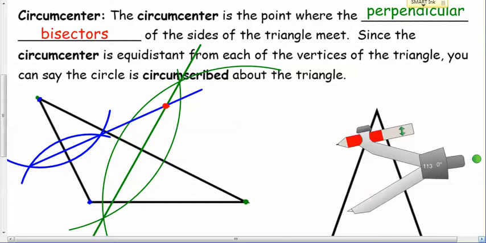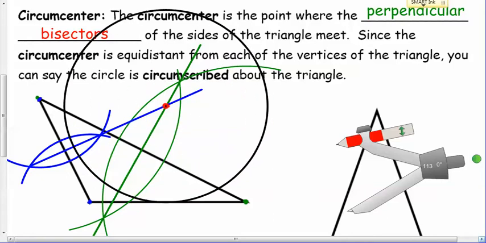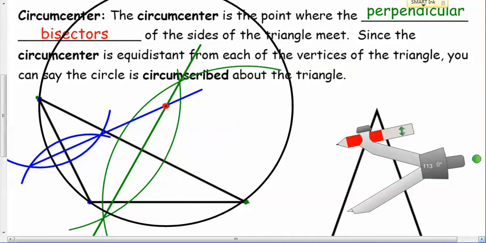Watch. As long as I start my circle right here, it's going to blow up and touch those 3 triangle endpoints. Right there. So this circle is circumscribed about my triangle, and that is a circumcenter.